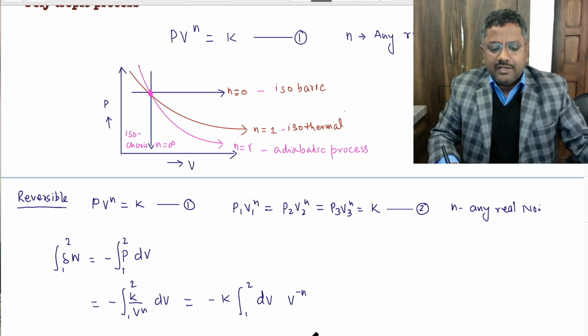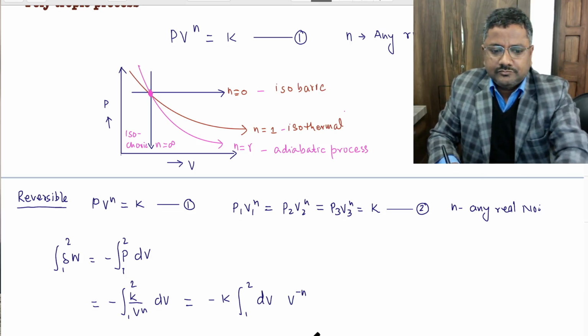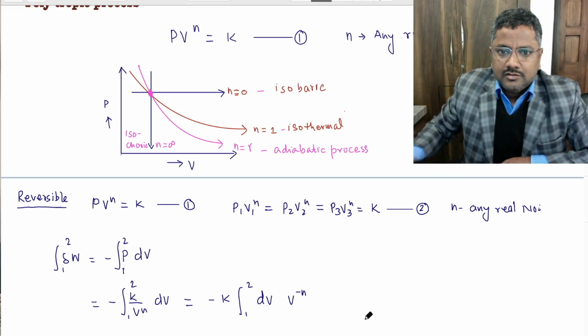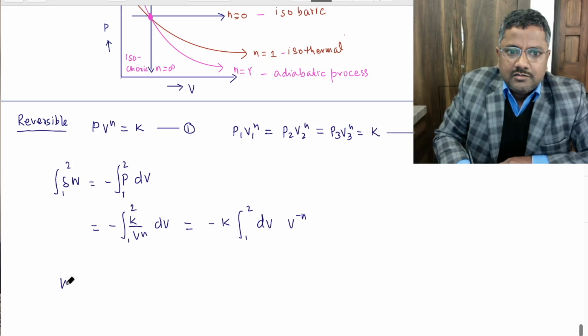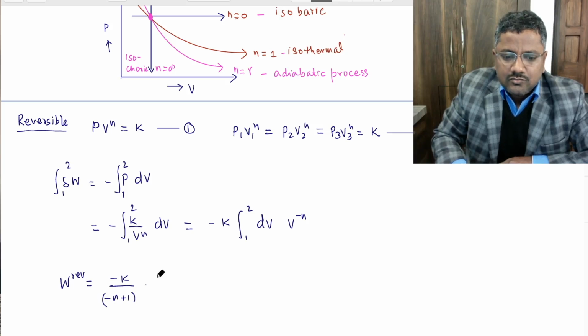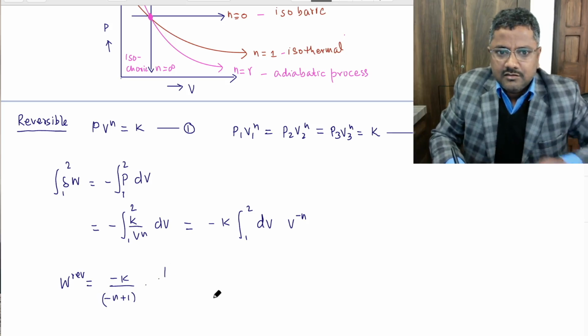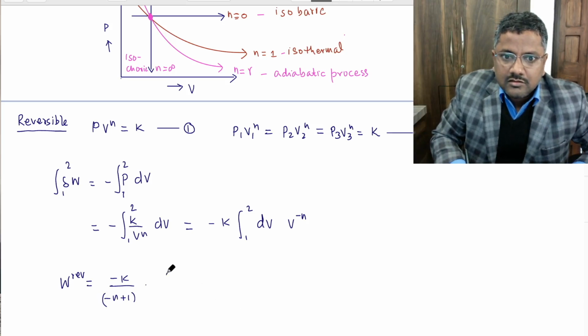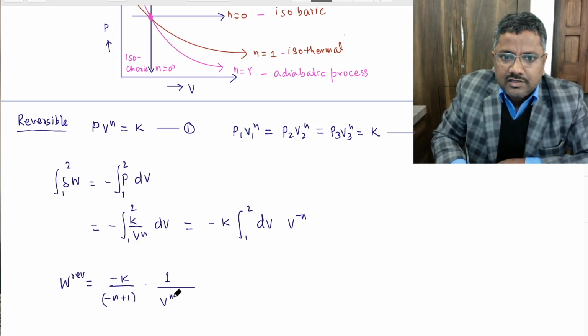Now we can integrate this. So we get W reversible is equal to minus K by minus n plus 1 into 1 by V to the power n minus 1, from V1 to V2.